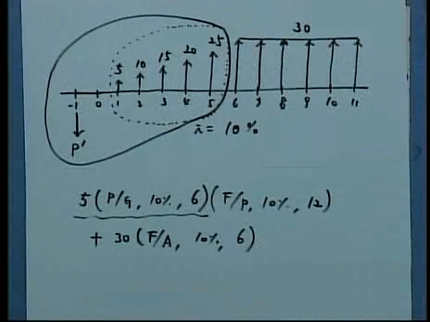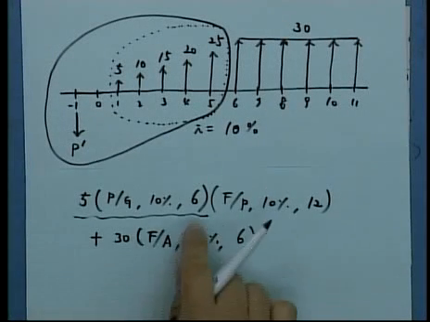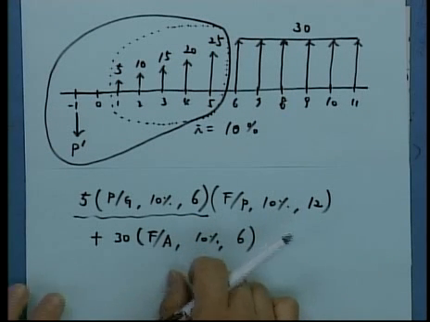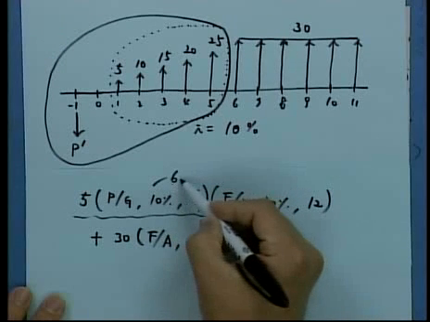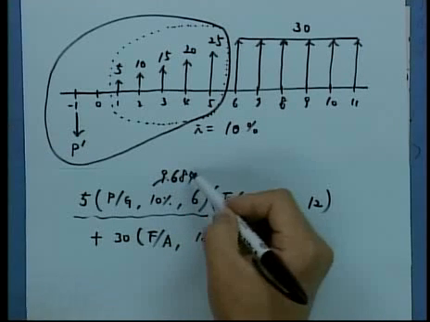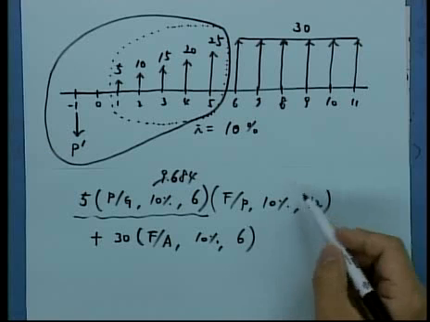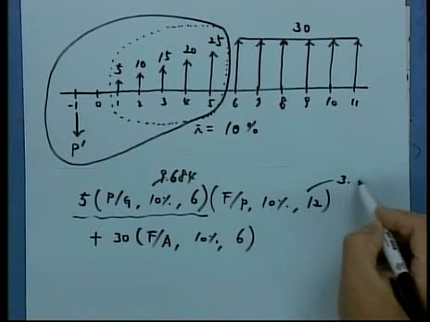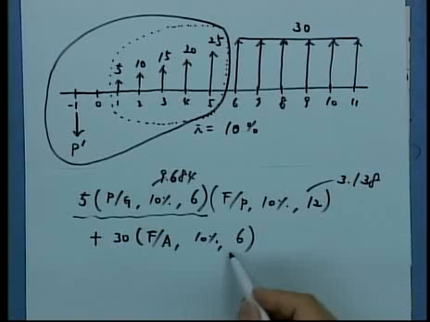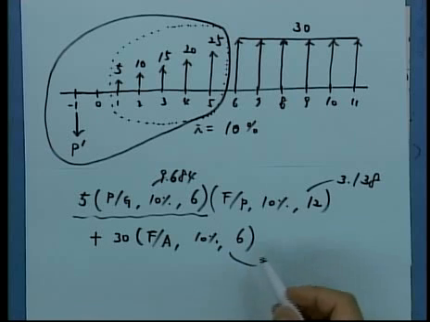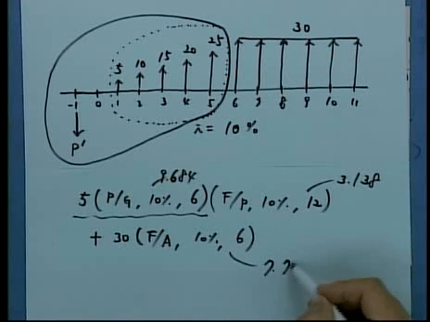So how much is that? Here, 10% P given G over 6 periods is 9.684. And F given P over 12 periods is 3.138. And what about this? F given A over 6 periods is 7.716.